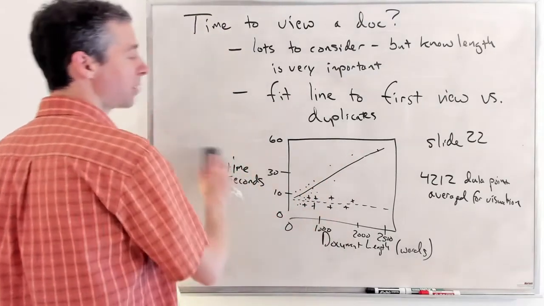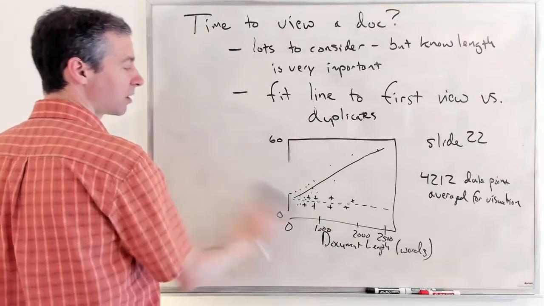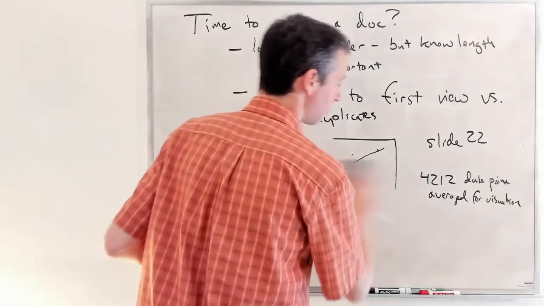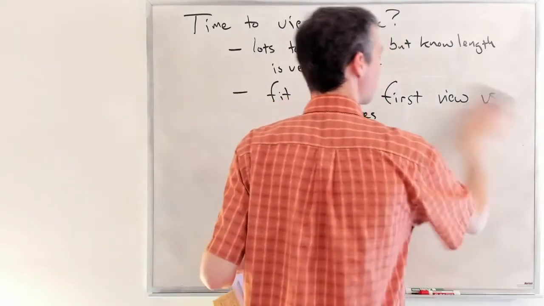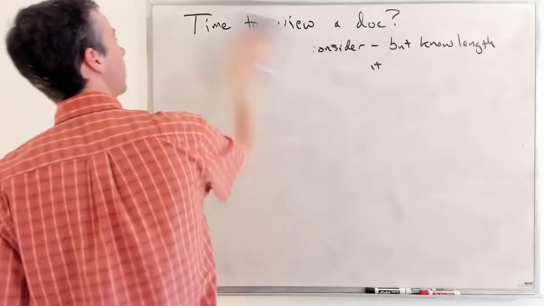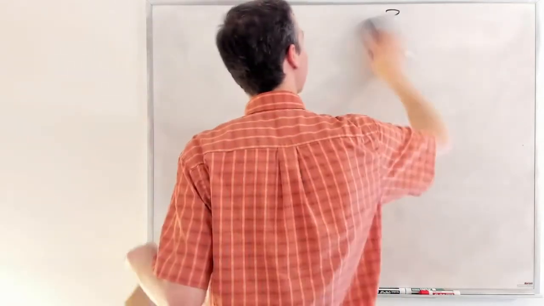And remember, these are documents that they clicked on because they thought they were going to be relevant. They do take some time to figure out and make a final decision about whether it's relevant or not, and it does appear to be based upon the length.